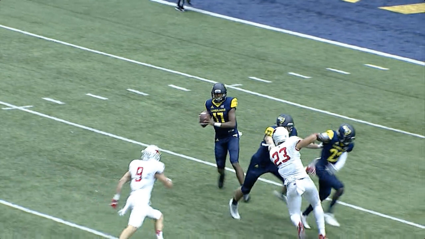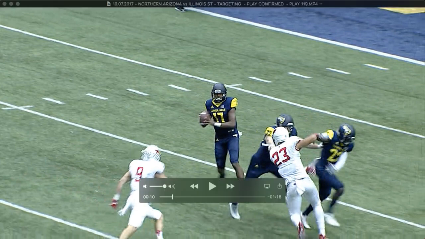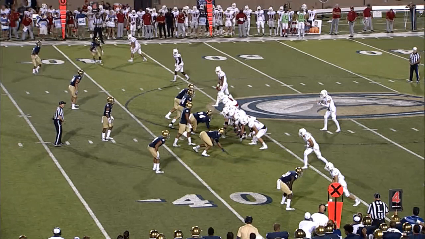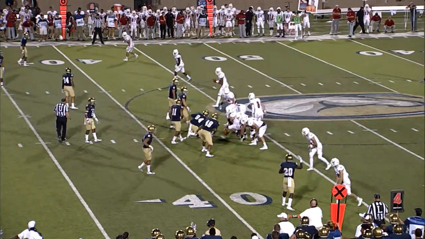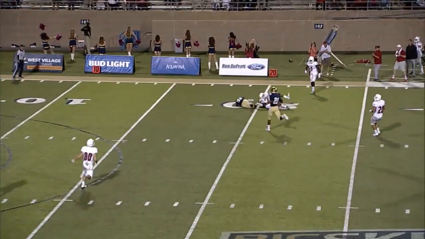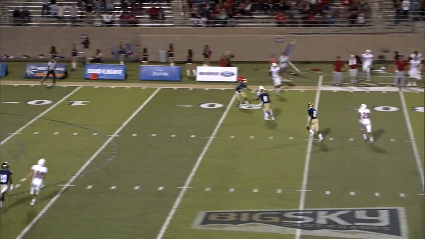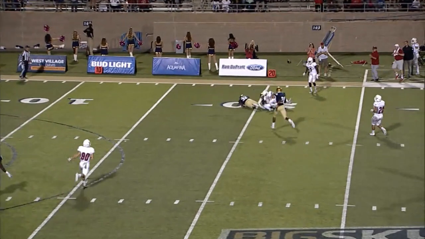All right, so let's move on to the next play. All right, so this one here is going to be hard to kind of see, but you're going to watch here.